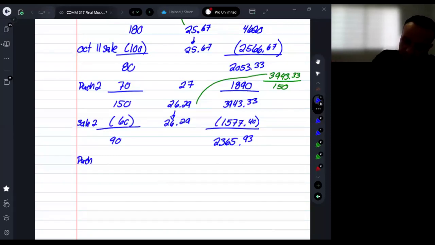And the third purchase number three, we buy 80 units. So now we have 170. We bought these units at 28. So that's 2240. 4605.90.